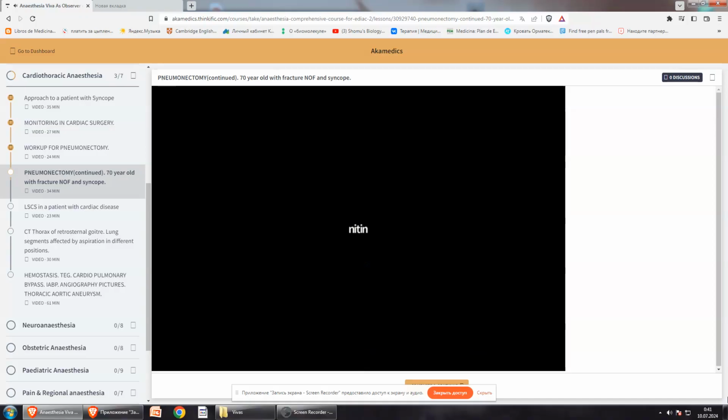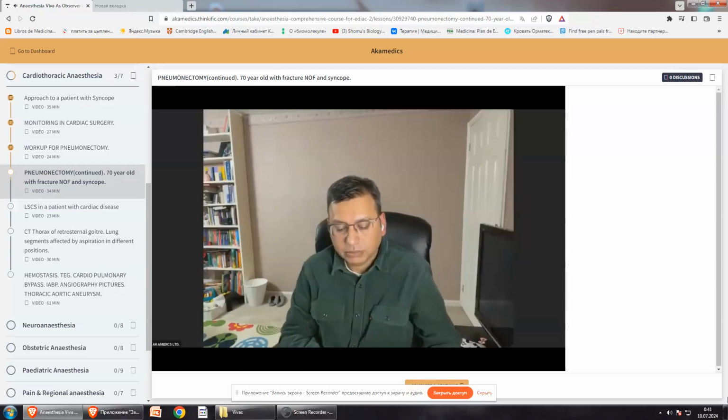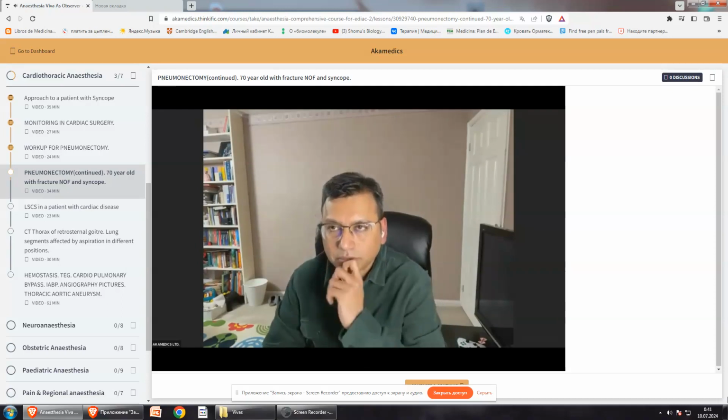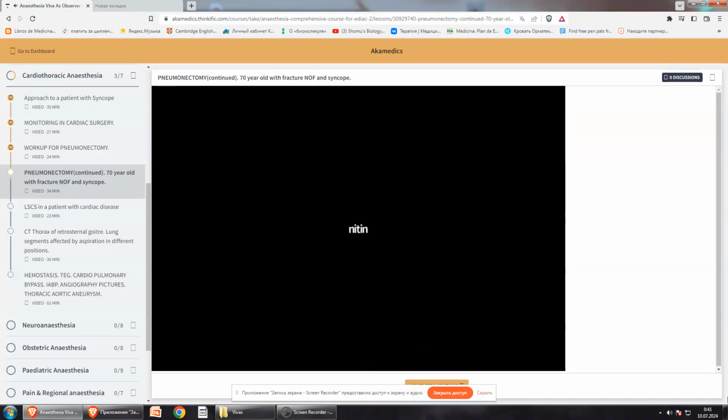So I will summarize the patient. She is 70 years old, and she has severe aortic stenosis. Because of the aortic stenosis, she had a syncope. I will go with this patient according to preoperative assessment.